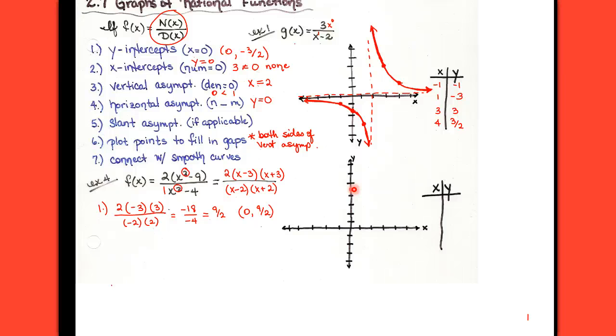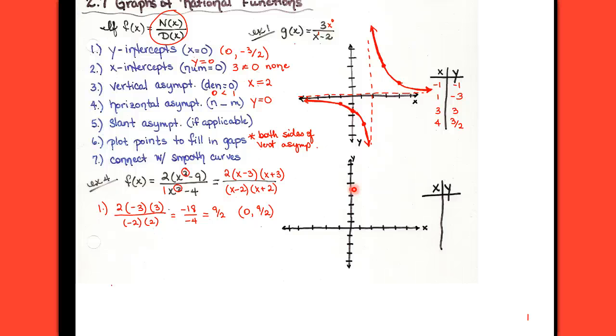All right, how do we find the X-intercept? Set Y equal to 0, right. And because this is a fraction, what's the only way my fraction can equal 0? Yeah, if my numerator equals 0. So let's let the numerator equal 0.